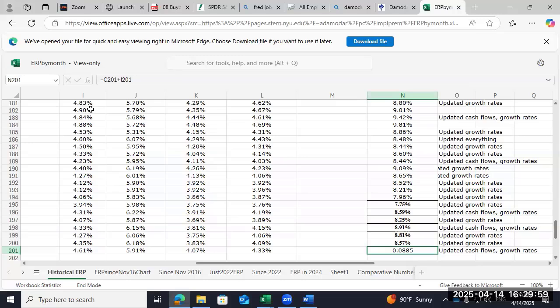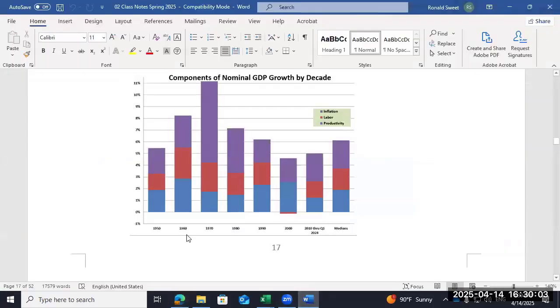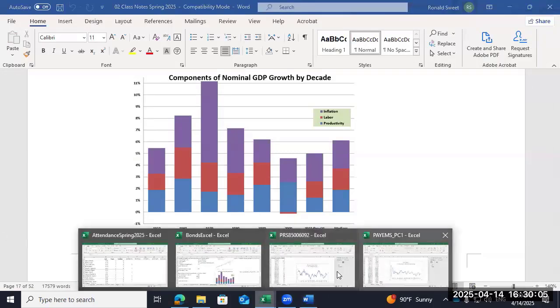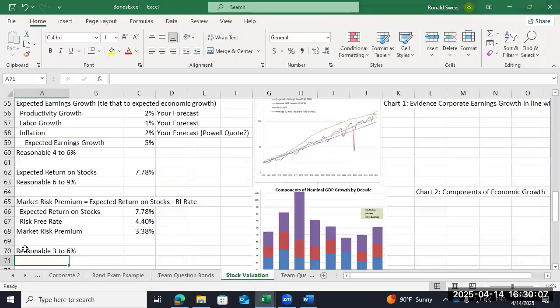He's at the upper edge. So that's why he's getting a higher growth rate. He's about 100 basis points higher than I am, but not way off the chart. He's not using like 8% ERP or 2%. So he's in that range. So he's about 4.40. I'm at 3.38.